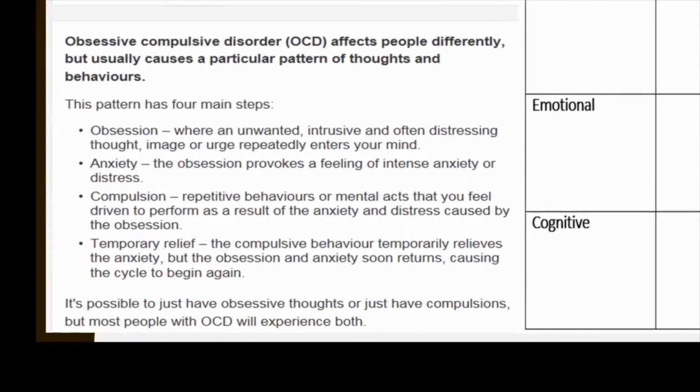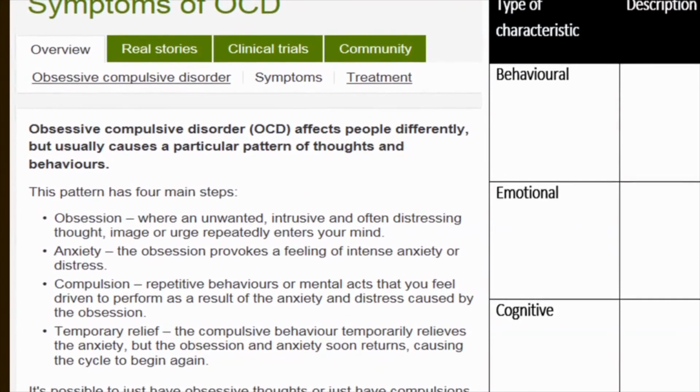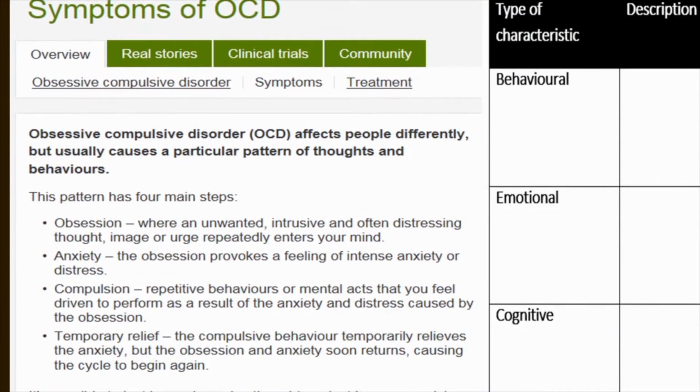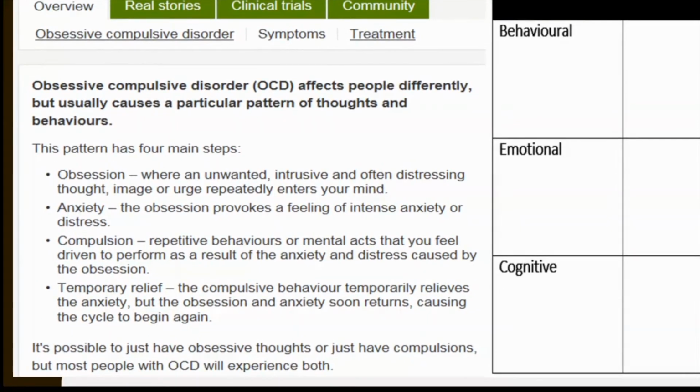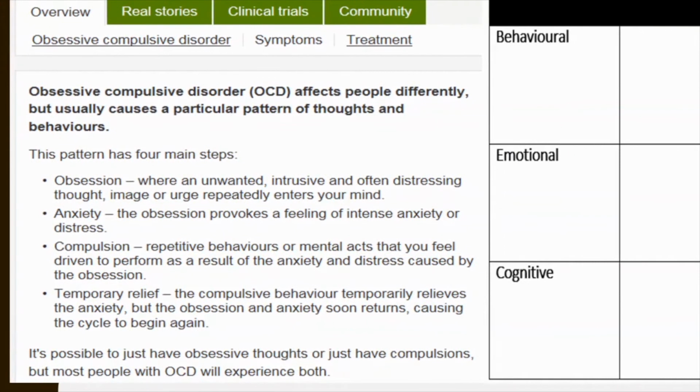Now, OCD says here affects people differently, but usually it causes a particular pattern of thoughts and behaviours. Now at the moment these symptoms are not categorised, which we're going to do in a while, but you can see that the pattern for somebody suffering from OCD has got 4 main steps. Firstly, it begins with obsession.